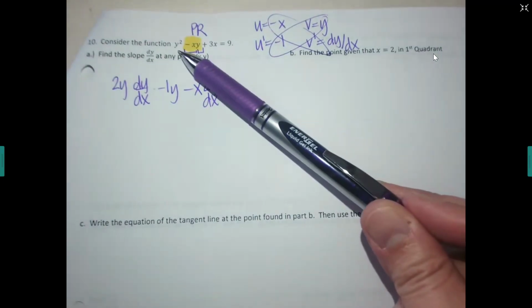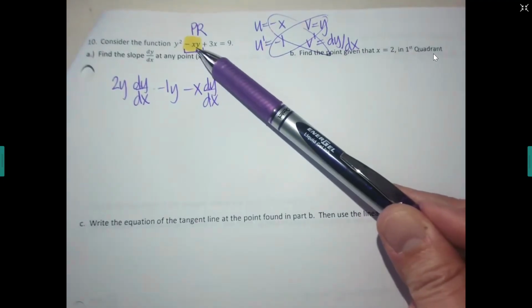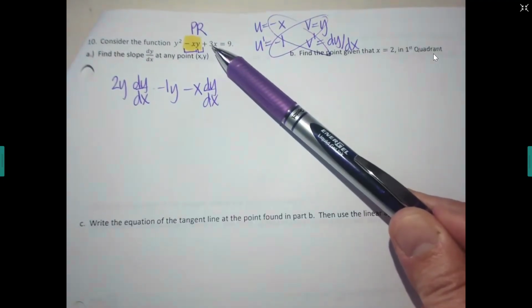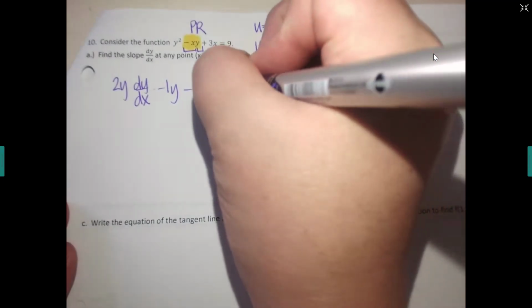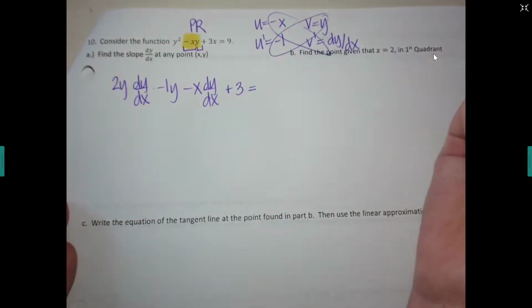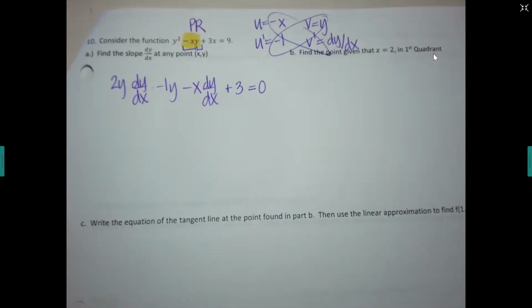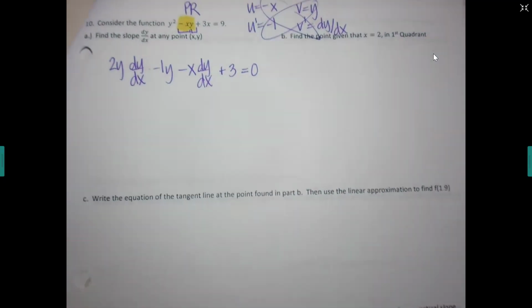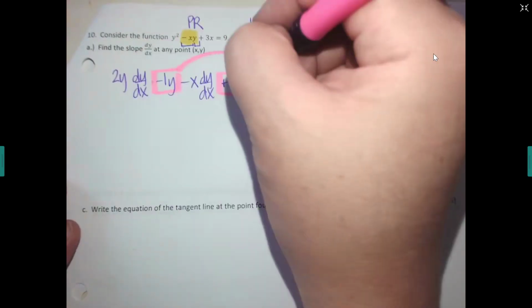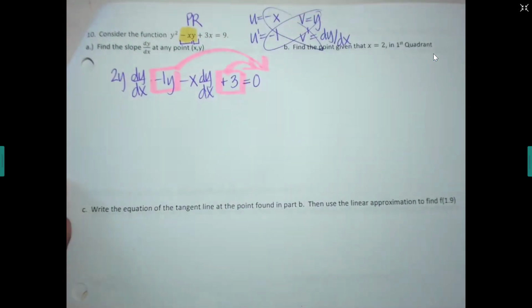And then I'm going to keep going through the equation. So I did the y squared. I did the product rule part. What's the derivative of the 3x part? 3. And then the derivative of 9 is 0. From here, which terms are we going to scooch across to the other side? The 1y and the 3. And remember that when those guys move over, you're going to have to change their signs.